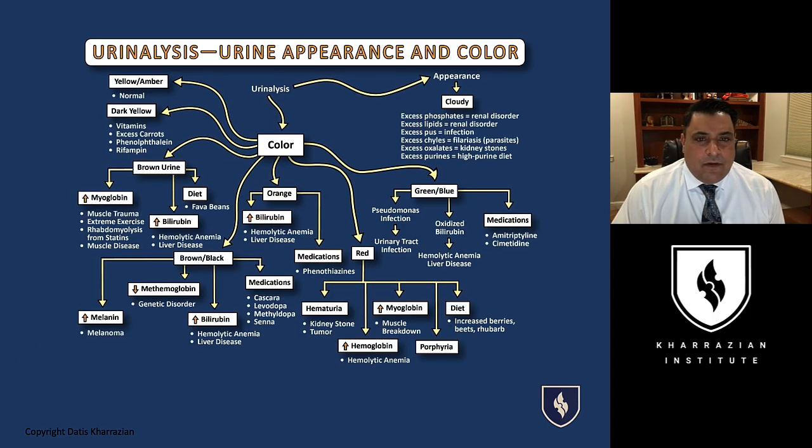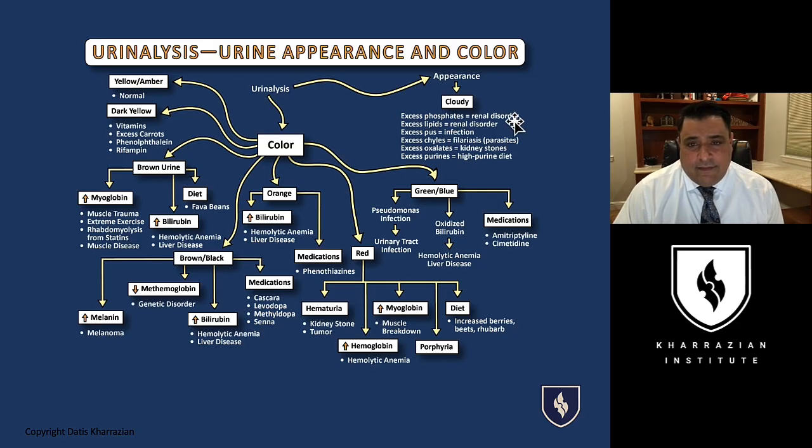Now, I made a chart for you here that just goes into the appearance that you'll see on a urinalysis. One part of the urinalysis will be what's their appearance. So, yellow, amber is normal, and then you can have cloudy appearances. And for cloudy appearances, you're looking at a list of possibilities.